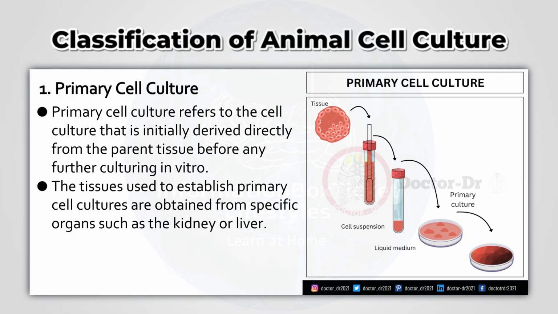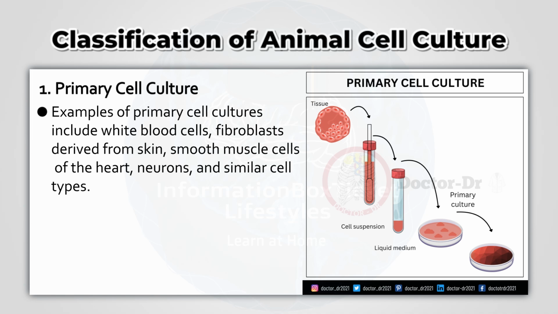The tissues used to establish primary cell cultures are obtained from specific organs, such as the kidney or liver. Examples of primary cell cultures include white blood cells, fibroblasts derived from skin, smooth muscle cells of the heart, neurons, and similar cell types.